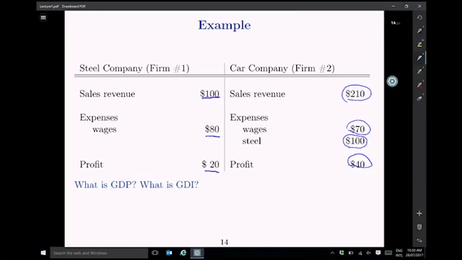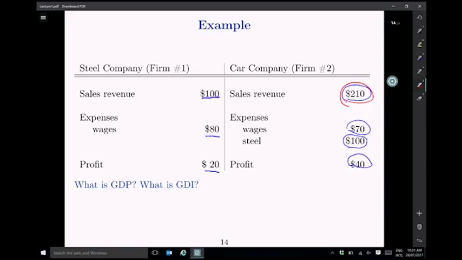What's the total value of cars here? It's 210, right? So this gives us the total GDP in this economy, 210. We look at only final goods, cars. We can ignore steel because it's an intermediate input.